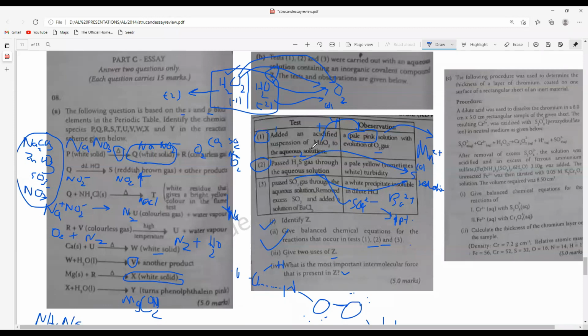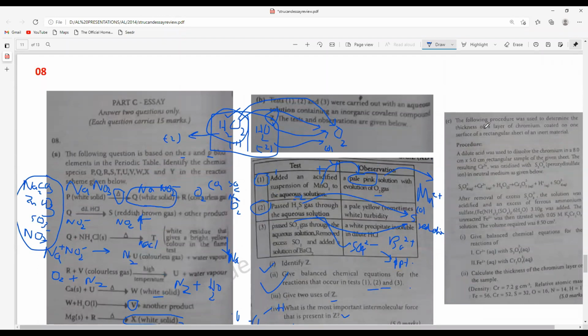Second one, from the second statement, you need to identify something in Z that can undergo either oxidation as well as reduction, because here it is reduced, here it is oxidized. So more or less you can find it should be H2O2. Okay, and the third one again confirms the ability of H2O2 to oxidize SO2 to SO4 2-, which gives you the precipitate as well.